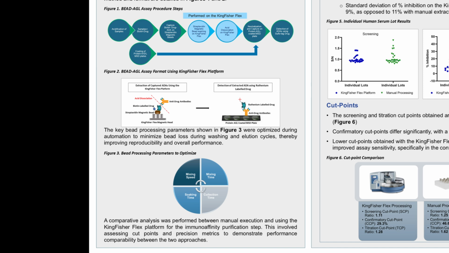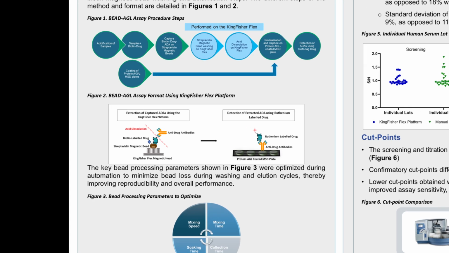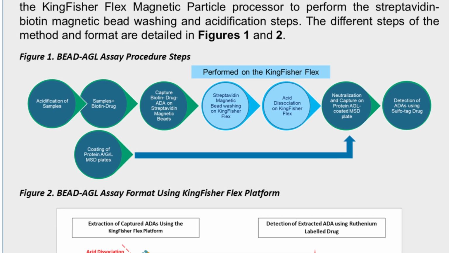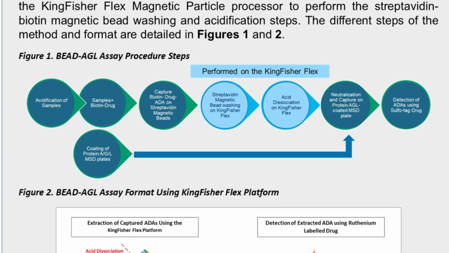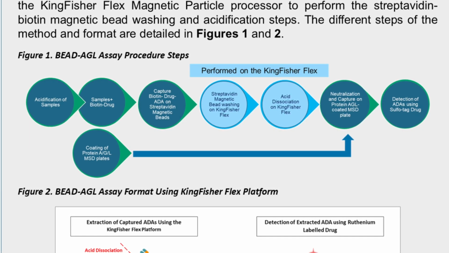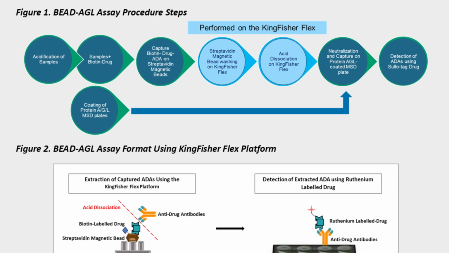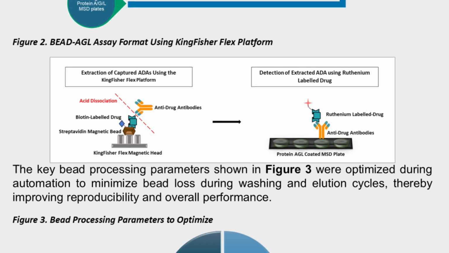To go over the different assay steps, on day 1, the samples were acidified and were incubated with a biotin-labeled drug for an overnight incubation. The following day, the biotin drug-ADA complexes were captured on streptavidin magnetic beads.